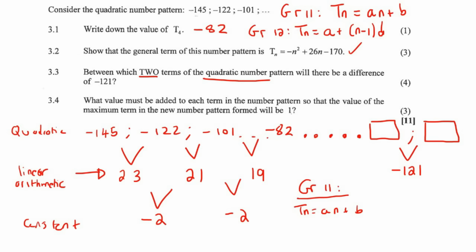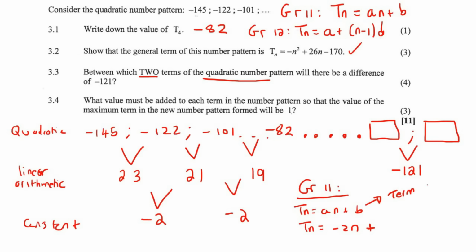So the way it works in grade 11 is you look at the difference. So what's the difference? Well, some people would say 2, but I would say that's not correct. It's minus 2. It makes a big difference. So if you're going from this side to this side, it's minus 2. So that is your a value in this type of pattern. And then b, so now there are different ways of finding b, but the way that I like to do it is b is always term 0.